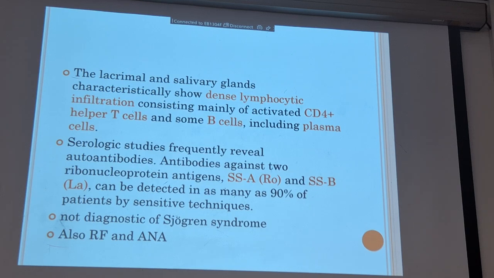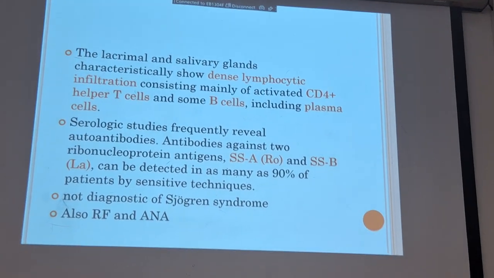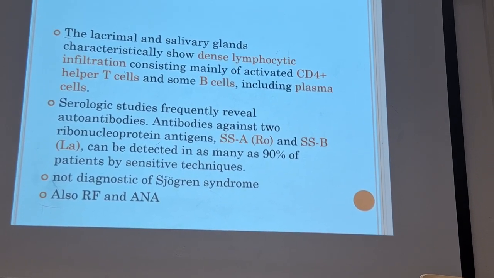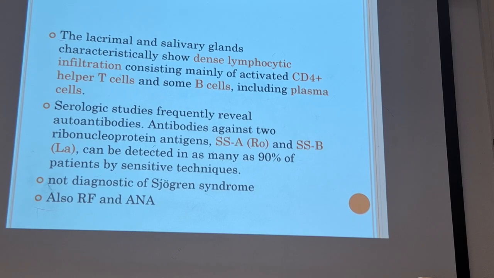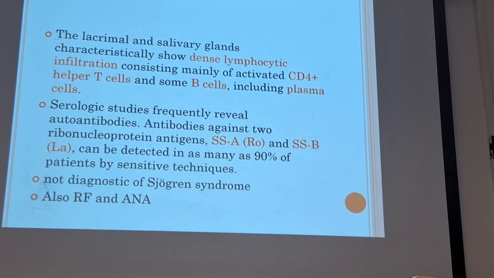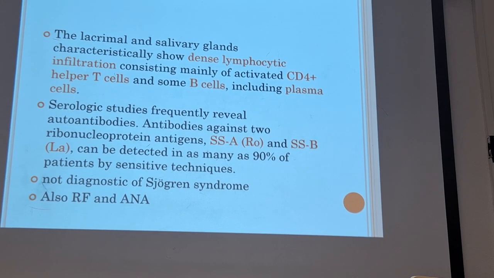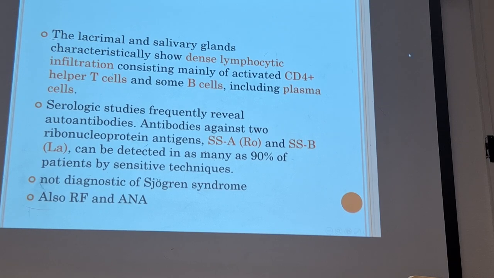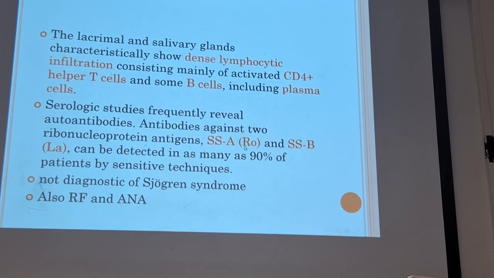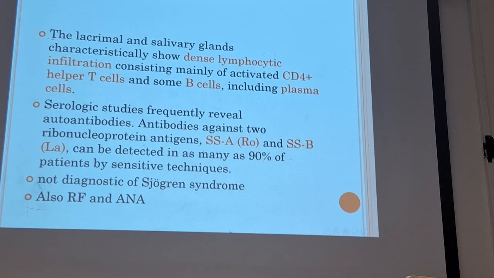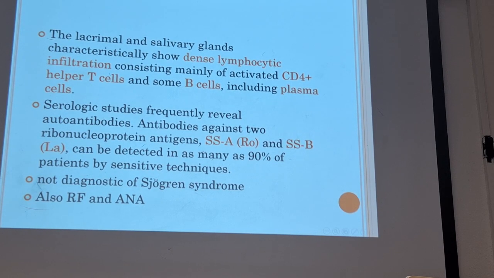In Sjogren's syndrome, morphologically you see infiltration of lymphocytes, which are both B lymphocytes, T helper cells, and plasma cells in salivary glands or lacrimal glands, and you will see some special autoantibodies. You will see antibodies against two ribonucleoprotein antigens, SSA or Ro and SSB or La.